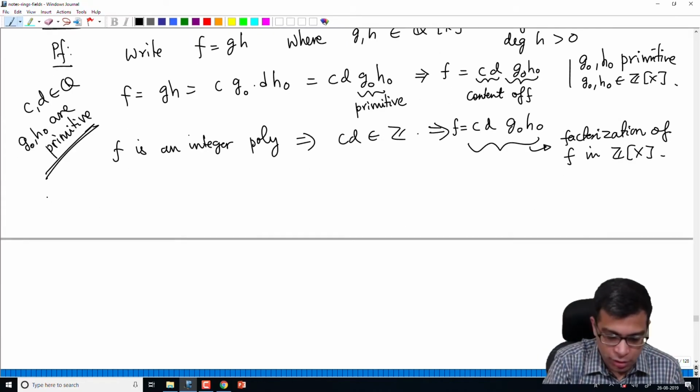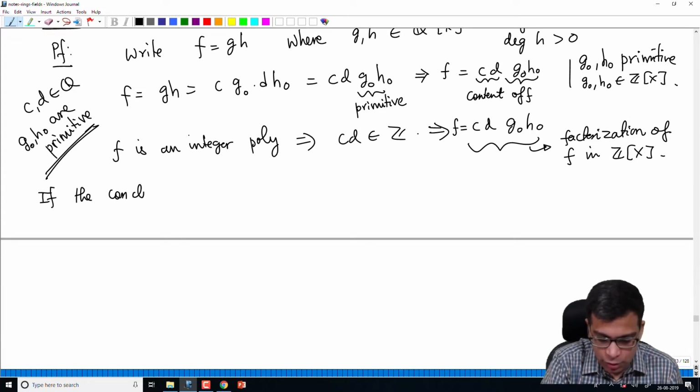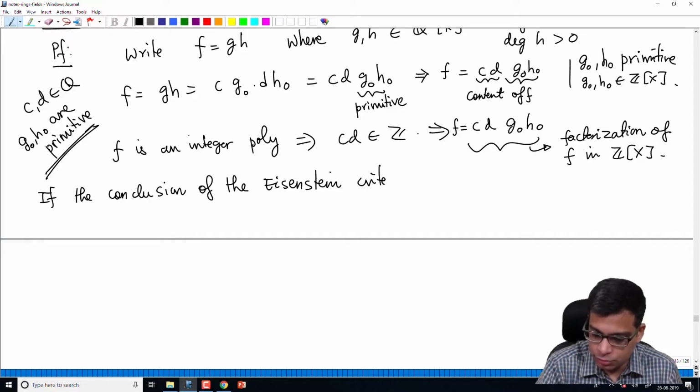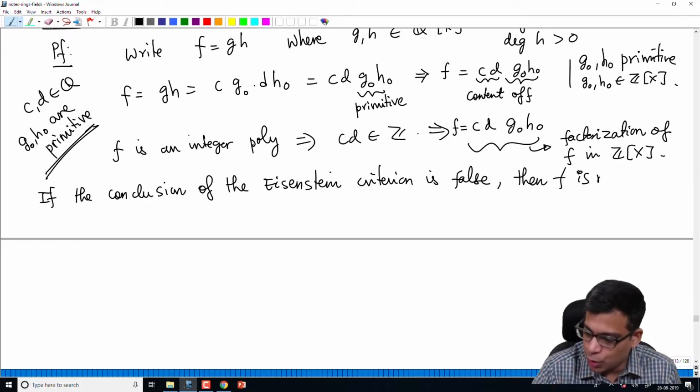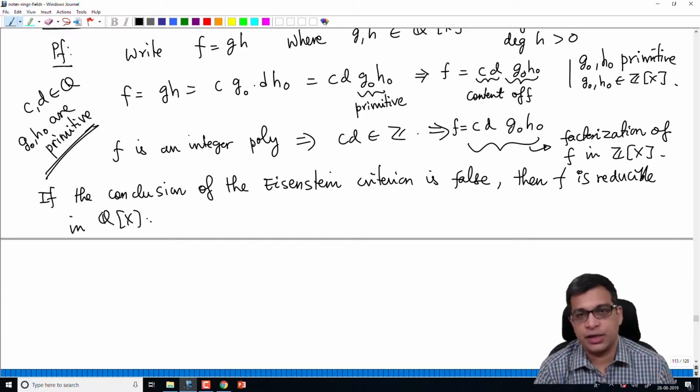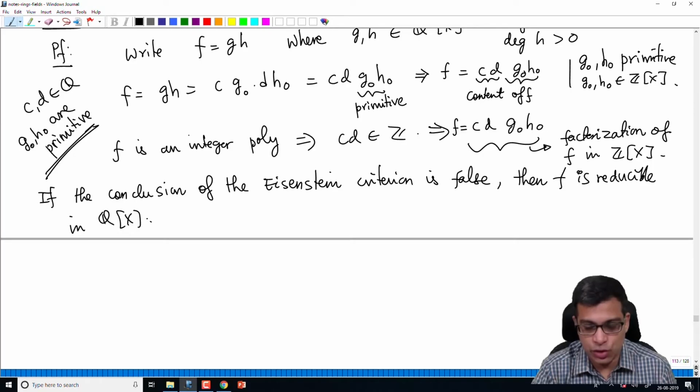So now I am going to go back to the proof of the Eisenstein criterion. If the conclusion of the Eisenstein criterion is false, then F is reducible in Q[x].